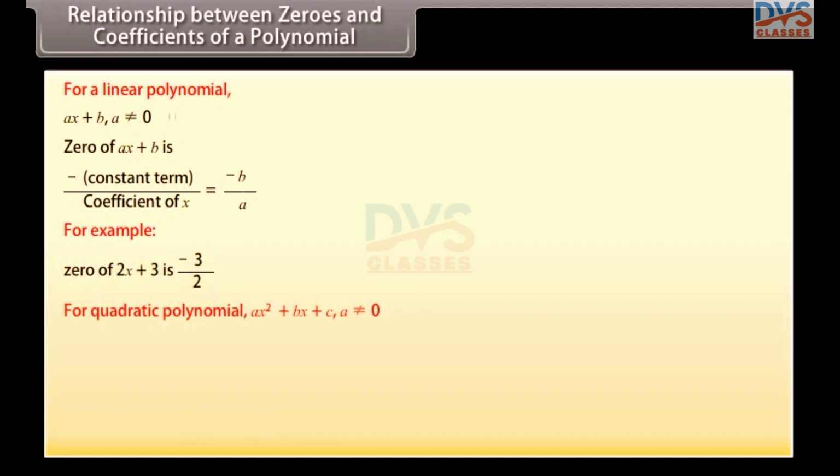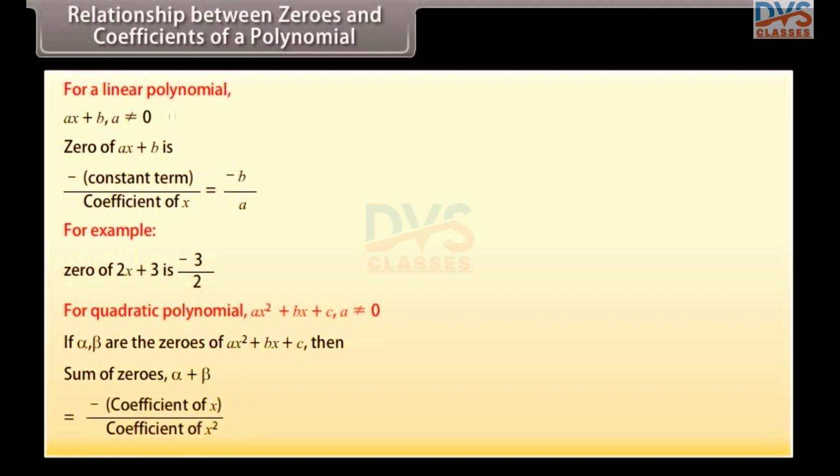For quadratic polynomial, ax square plus bx plus c, a is not equal to 0. If alpha, beta are the zeros of ax square plus bx plus c, then sum of zeros alpha plus beta, which is equal to minus coefficient of x upon coefficient of x square, which equals to minus b upon a.